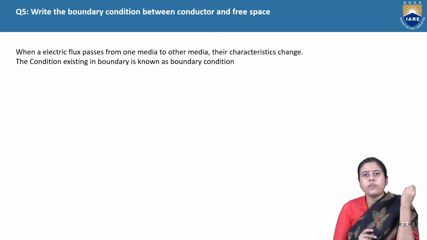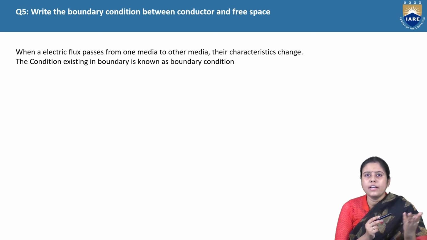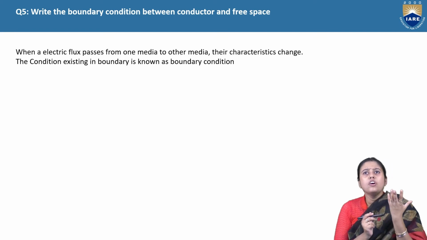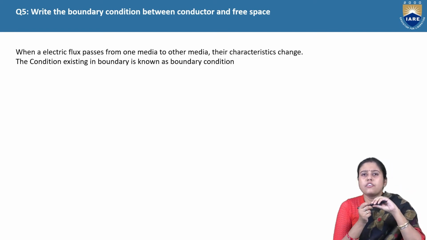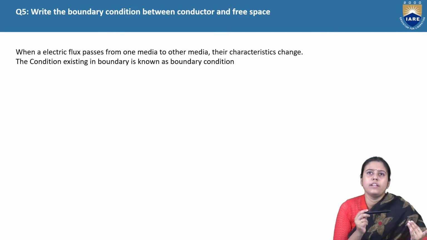So when current is flowing in the transformer, what will happen? Some flux will be generated, maybe magnetic flux, maybe electromagnetic flux or electric flux. The flux is moving from the transformer conductor, meaning copper, to the transformer oil.